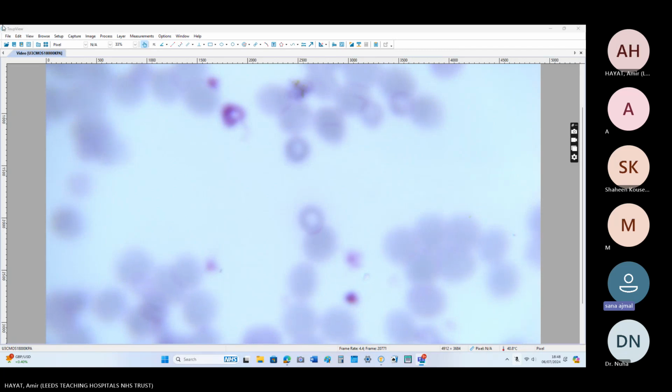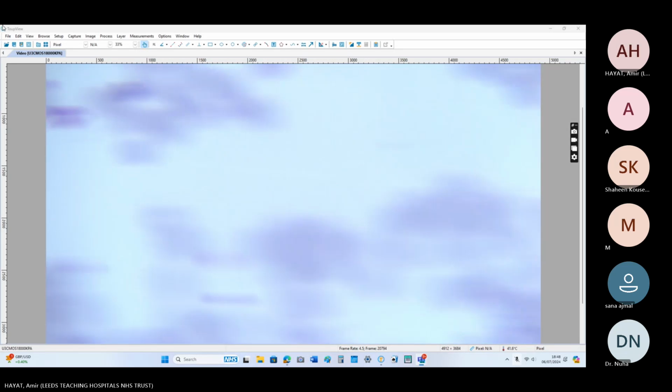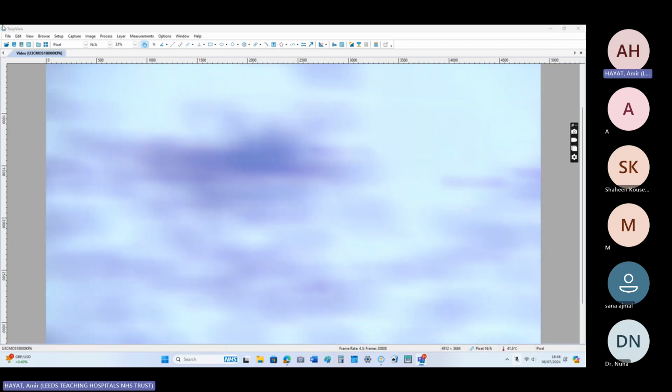This one is the curled one, a bit curved. No, you can take this.